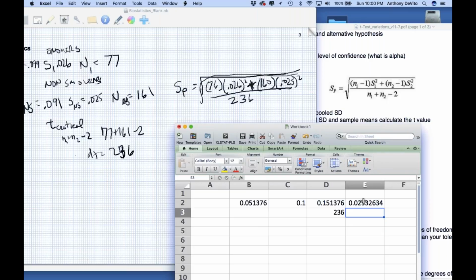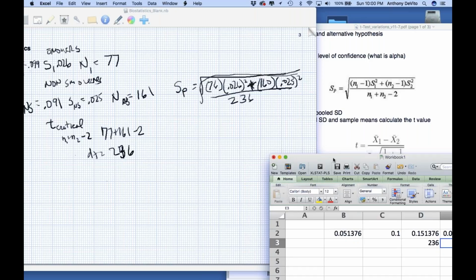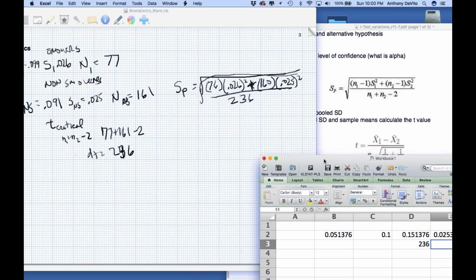Notice that number is between my two, 0.026 and 0.025, and it's closer to 0.025. That makes sense because it's a pooled standard deviation and this is a much larger group. Now that I've calculated my pooled standard deviation, I'm going to write it in there. It's equal to 0.0253.